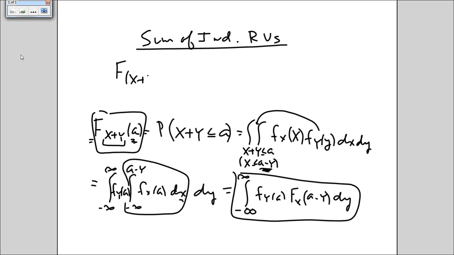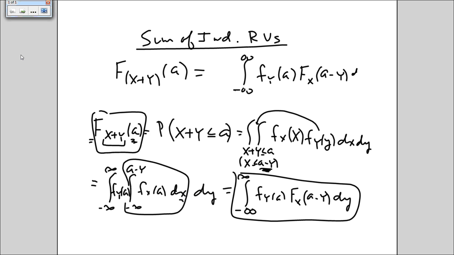F sub X plus Y of a is equal to the integral from negative infinity to infinity of f sub Y of y times big F sub X of a minus y dy. I'm going to take the derivative of both sides with respect to a.